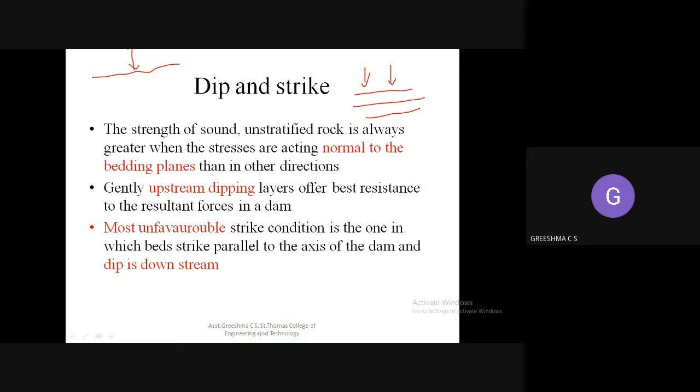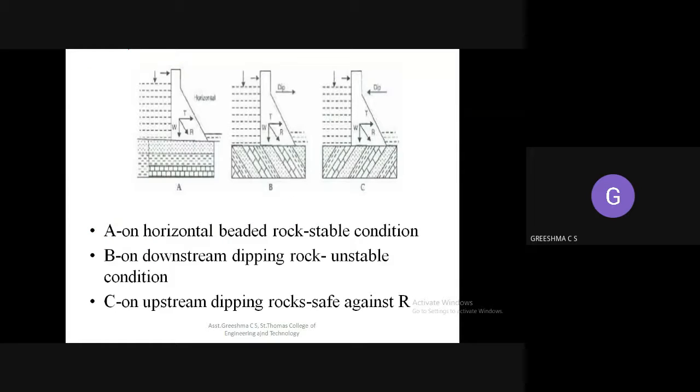Now, generally the upstream dipping layers offer better resistance to the resultant forces of the dam. The most unfavorable strike condition is the one in which the bed strikes parallel to the axis of the dam and dip is downstream. So see here, you can see in this picture.